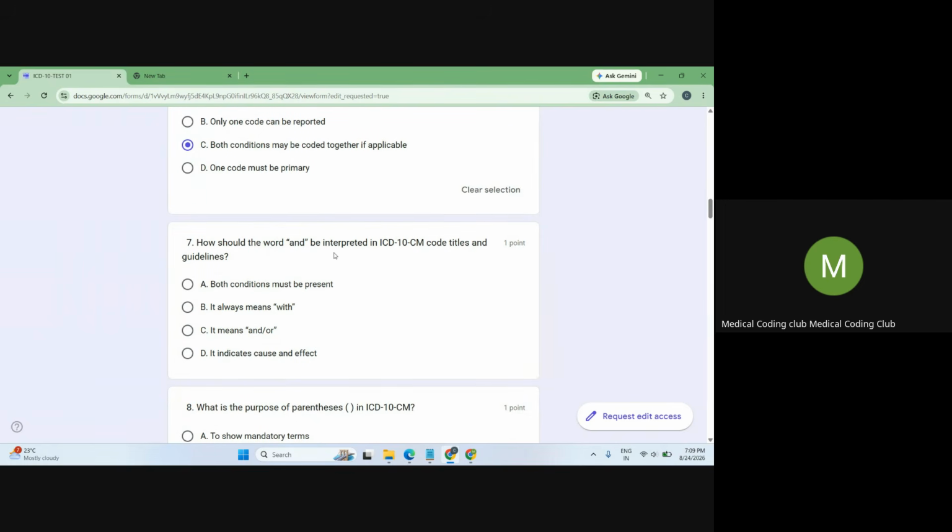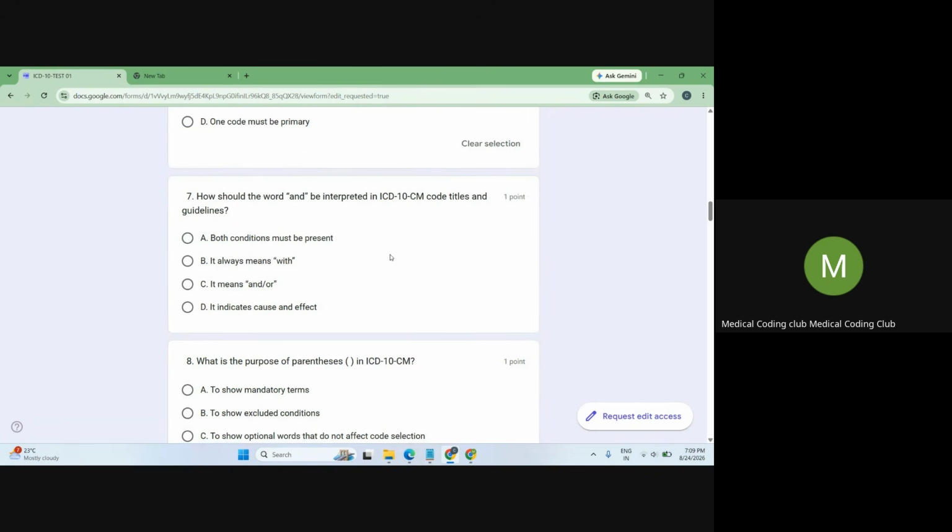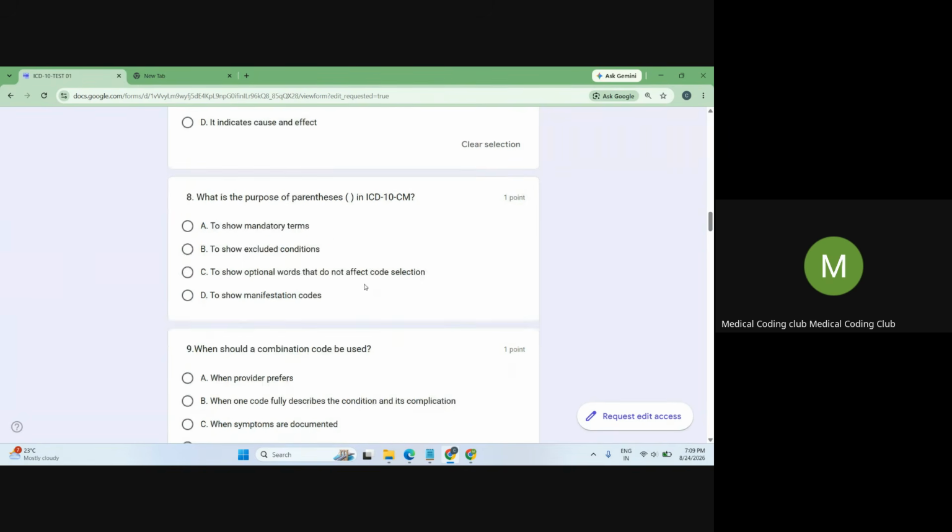How should the word "and" be interpreted in ICD-10-CM? "And" is equivalent to "and/or". Throughout your ICD manual, whenever you see "and", you can also interpret it as "or". What is the purpose of parentheses?